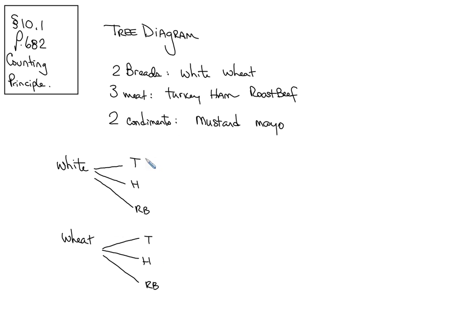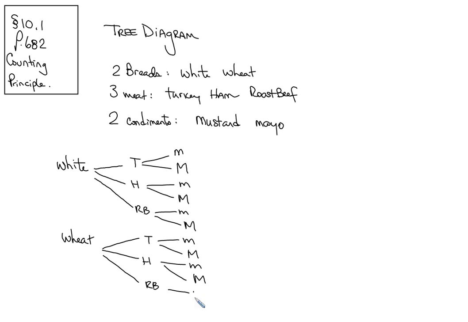Now we have two different kinds of condiments. So we have mustard. I'll use little m for mustard, and I'll use big M for mayo. How about that? Mustard, mayo. Mustard, mayo. Mustard, mayo. You guys get the idea? This is what is called a tree diagram. And the final ends of all the branches, when you count them up, tells you how many different possible outcomes there are.